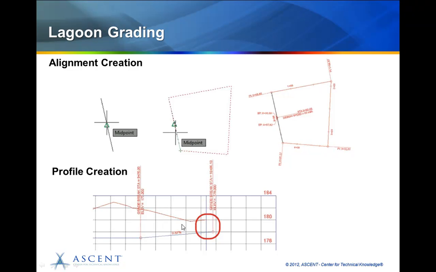There's some funky things that you need to worry about with profile creation as well. First, since our beginning and ending station are the same point along the alignment, they're going to be the same elevation in the profile. So your elevations will start and end at the same elevation in that profile. The other thing to think about is where your profile ends.